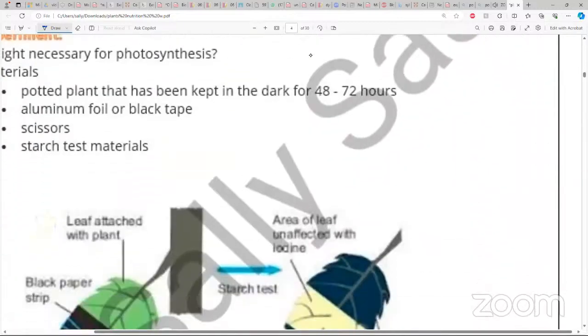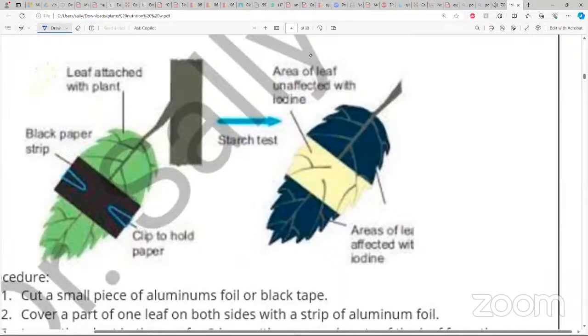If I would like to make an experiment to prove that light is needed for the process of photosynthesis, here I will select one leaf from a plant and cover one part with a black paper strip or dark thick paper, so it will not allow this part to absorb light.